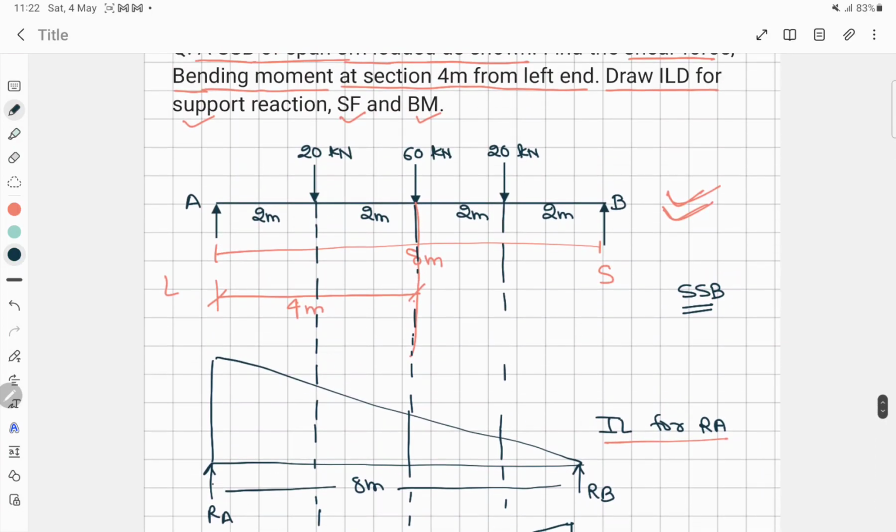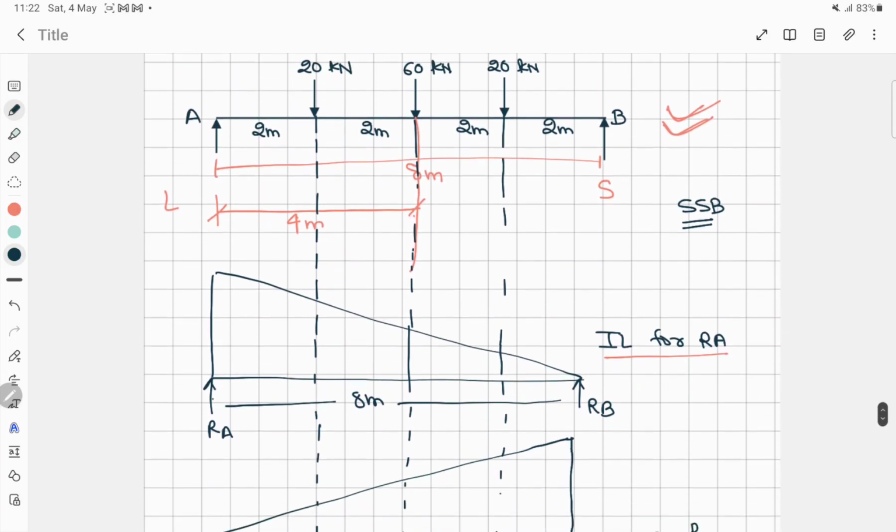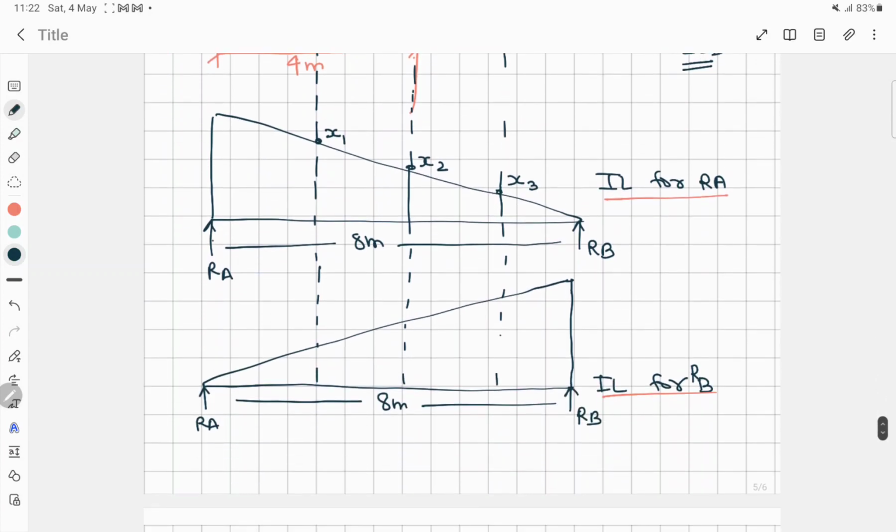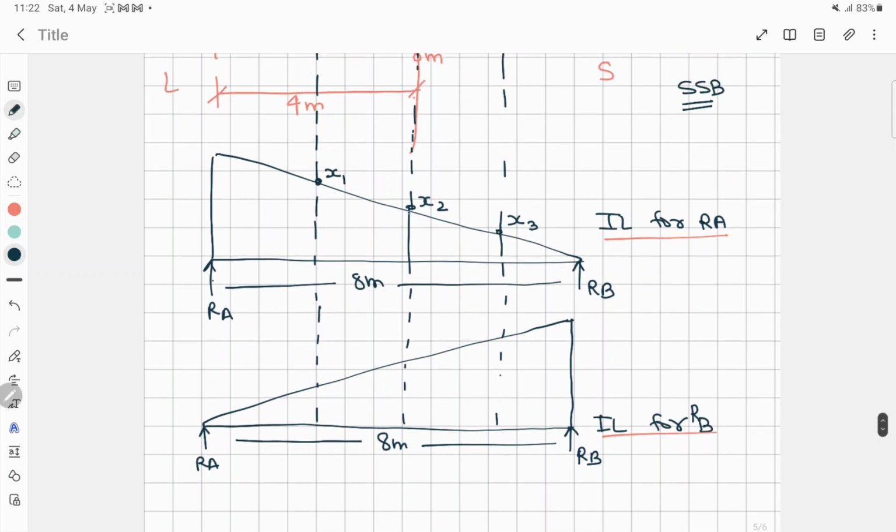Now here, at this point and this point, we have to find the value for those points where the load is acting. Let's assume it as x1, this one is x2, and this one is x3. So now what we have to do, we have to find those values by using the similar triangle method.